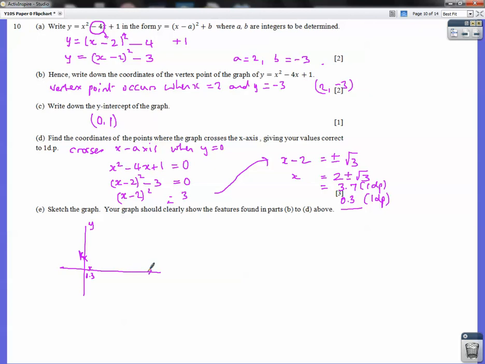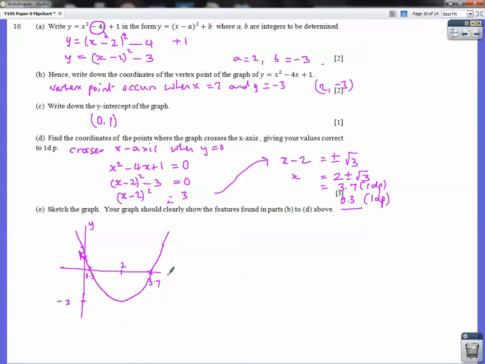So it's coming down like this, and it's going to come up through about 3.7. I know that the lowest value, the vertex point, is y equals minus 3, so down here is minus 3, and that occurs when x is 2.